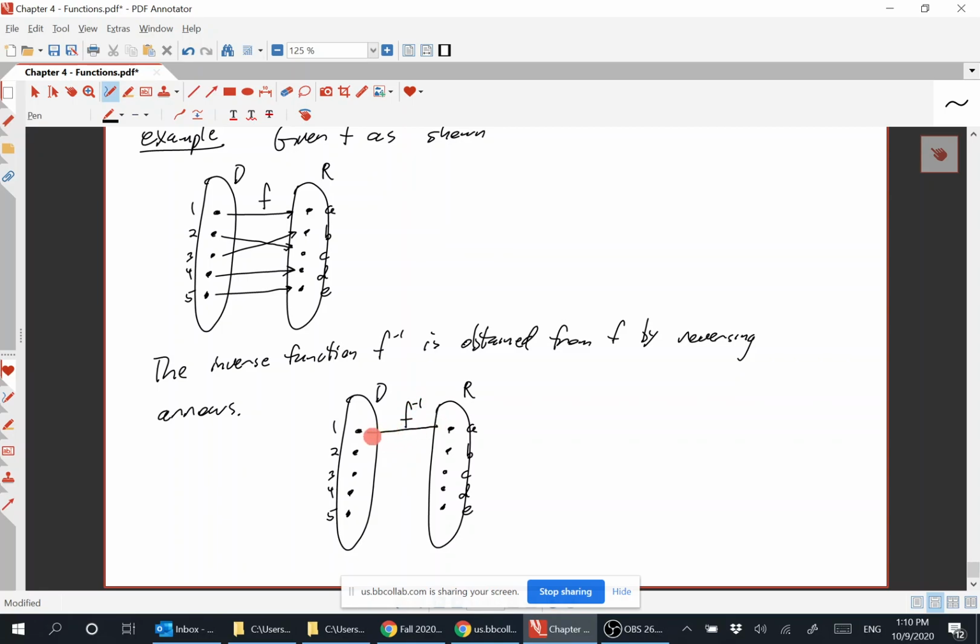F inverse of A is 1, F inverse of B is 3, F inverse of C is 2, D is 4, E is 5. Now when you compose functions, F composed with F inverse, and F inverse composed with F, is the identity.